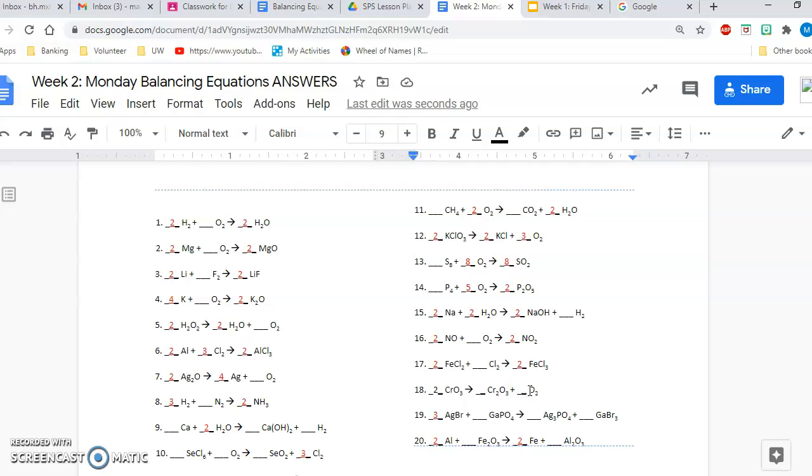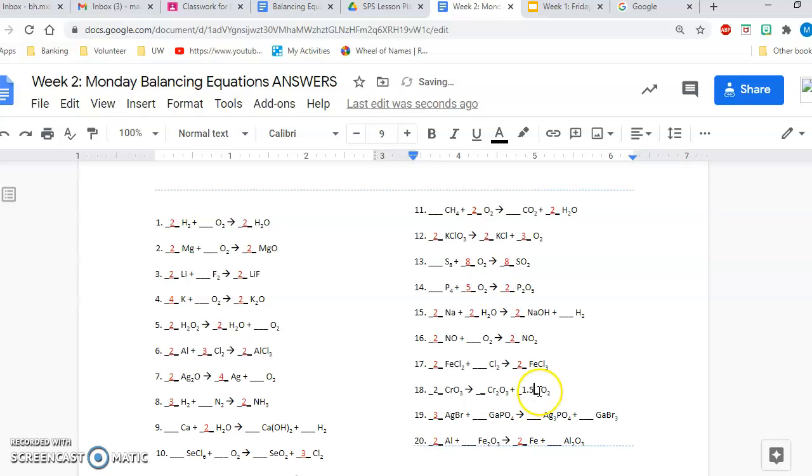So one little trick that I have found is if we only need 1 more, so we have 6 oxygens over here and 5 over here, what we can do is change an element or a molecule that has just this lone letter by multiplying it by a fraction.